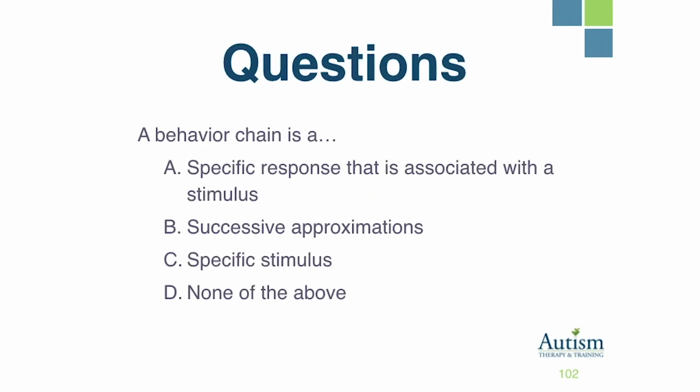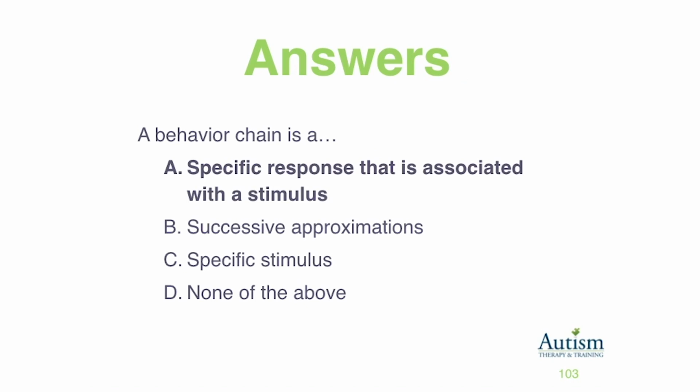Behavior chain is A, a specific response that is associated with a stimulus, B, successive approximations, C, specific stimulus, D, none of the above. And the correct response is A, specific response that is associated with a stimulus.